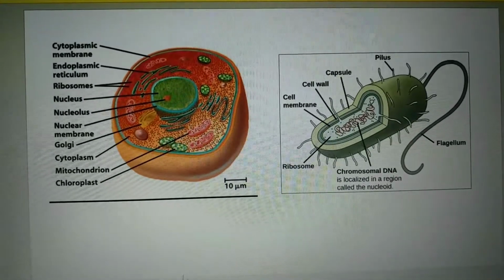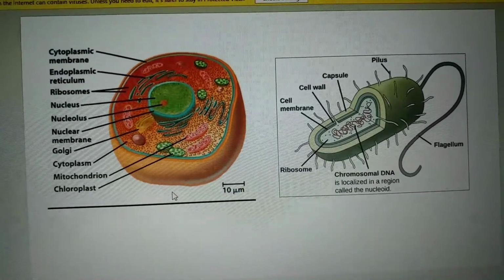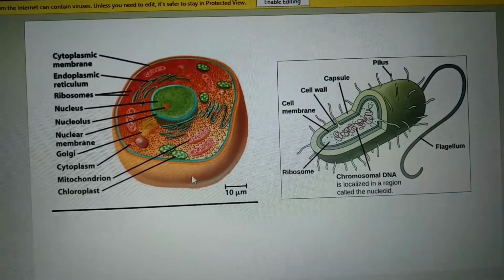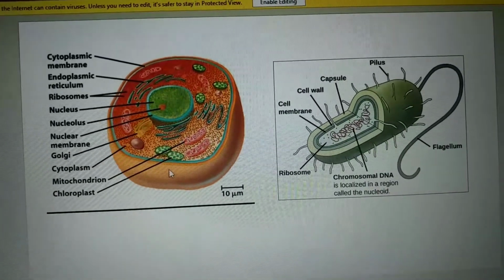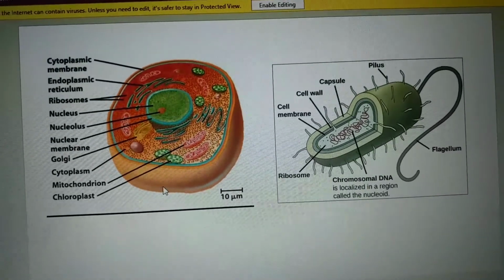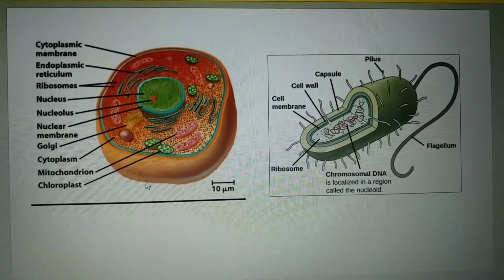And here in the eukaryotic, as you notice, you can see a flagella, but it is microscopic in size, so we can only see it once we use a microscope.